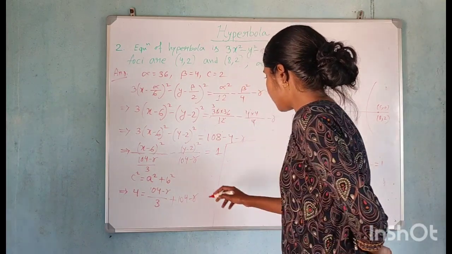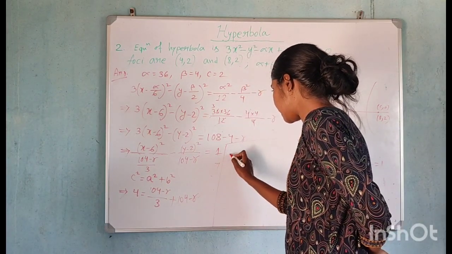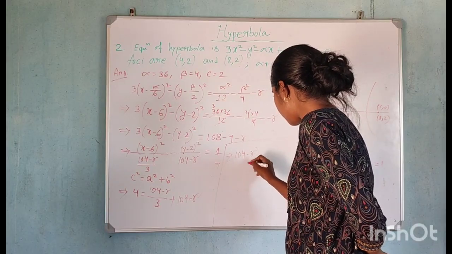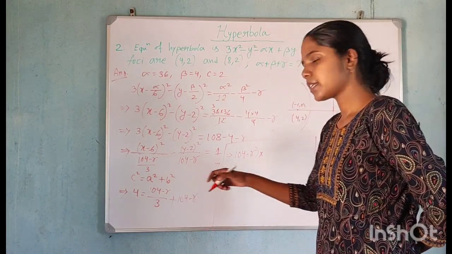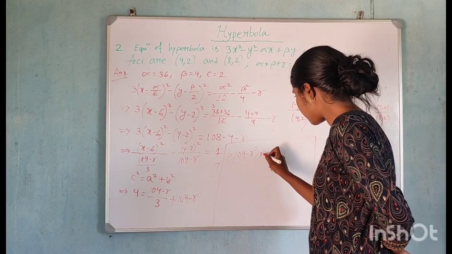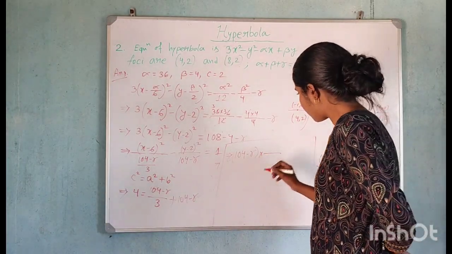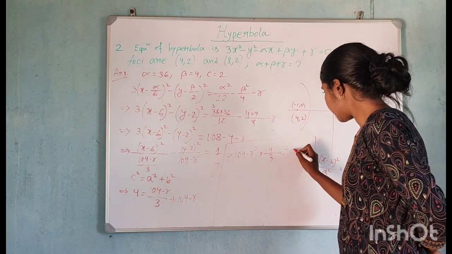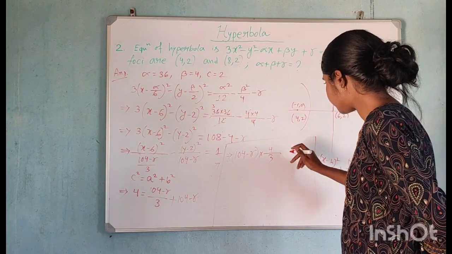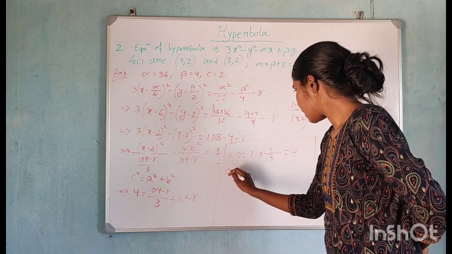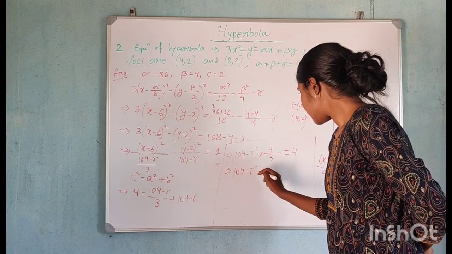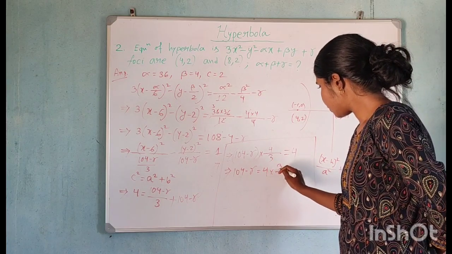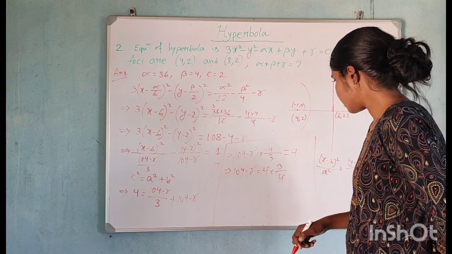So from here we can derive, take 104 minus gamma common, so it will be 1 by 3 plus 1. 1 by 3 plus 1 means we can write 4 by 3, right? And on this side it is 4. Now take 4 by 3 to this side, so it will be 4 into 3 by 4, 4 cancels out.